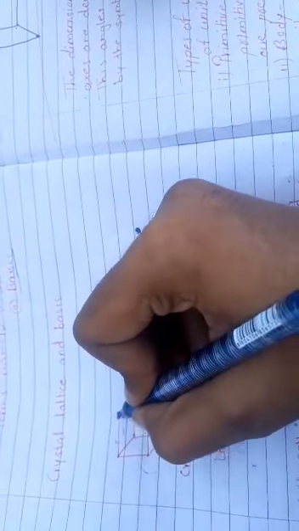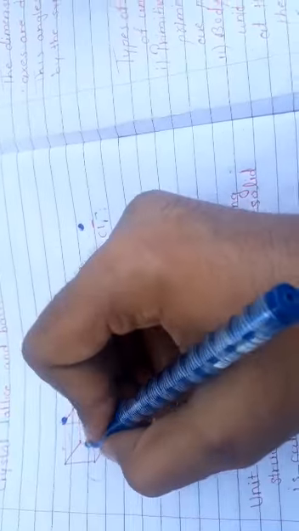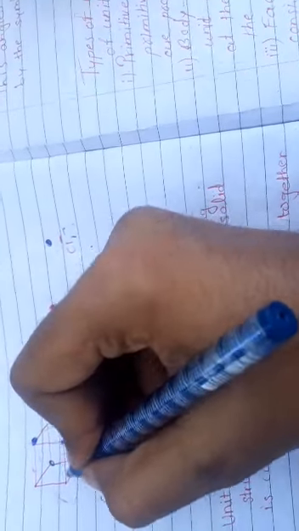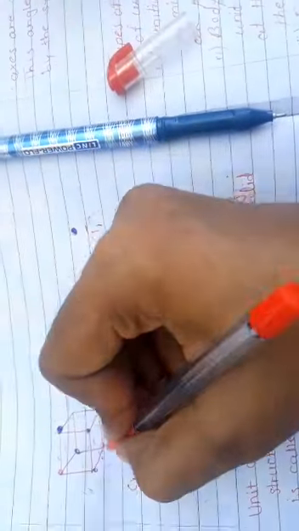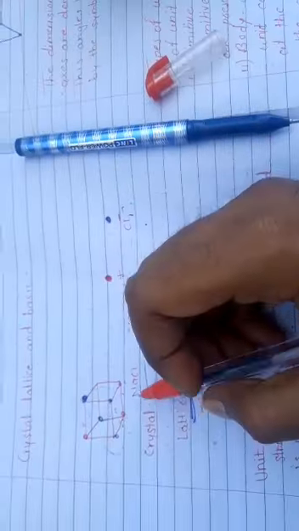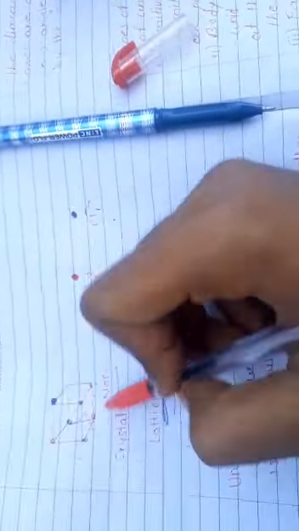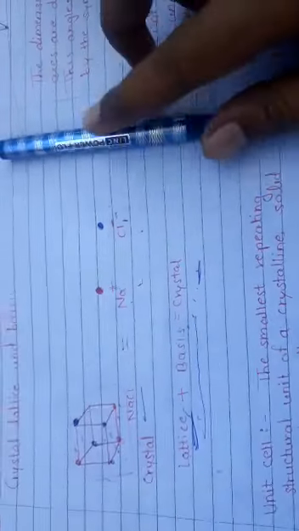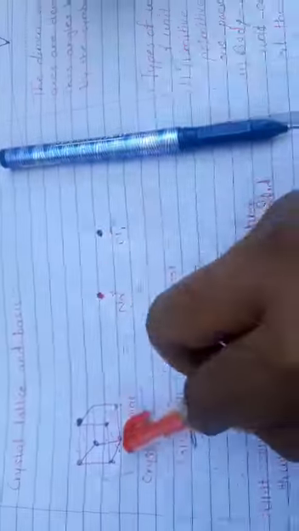Now I am using a blue pen because these are chlorine. In a cubic structure there are four parts, and these are sodium, and together they make a complete cube structure. That is a crystal. You have to know that they make a crystal.